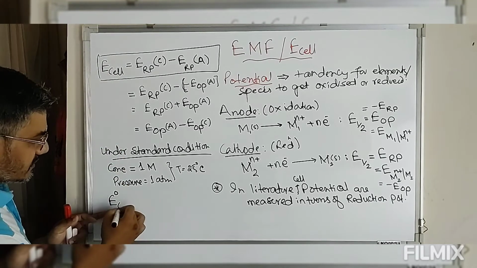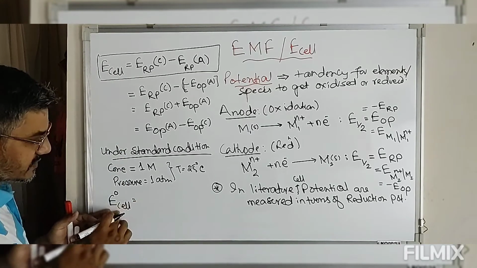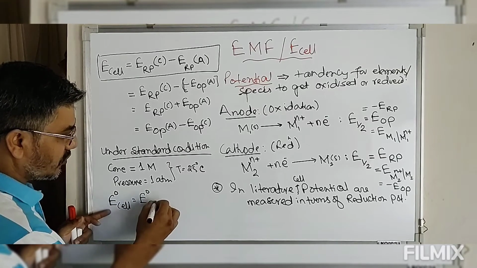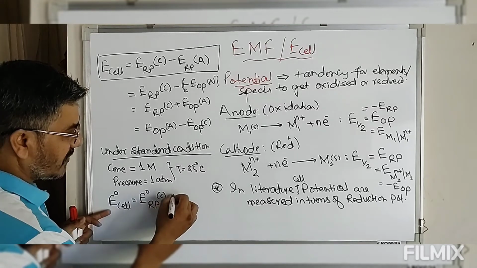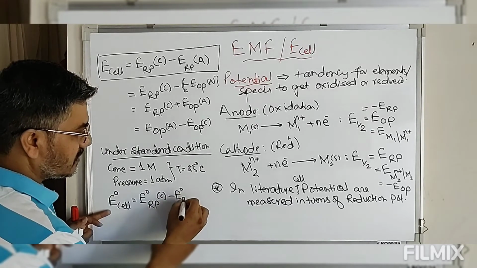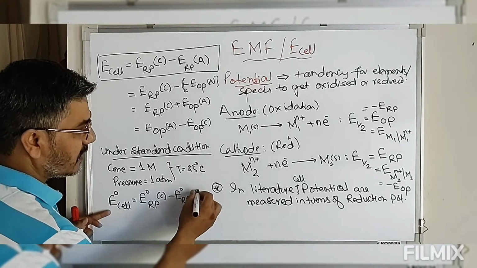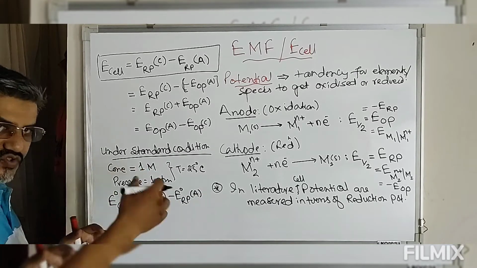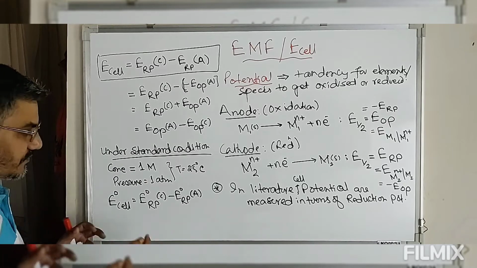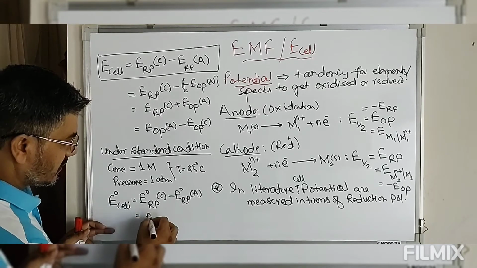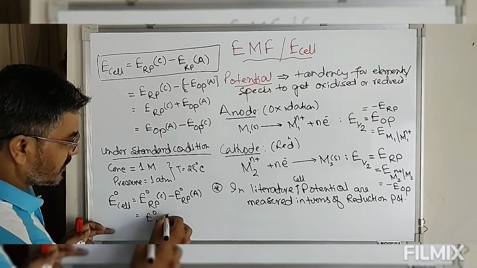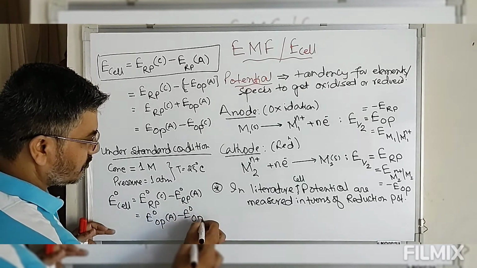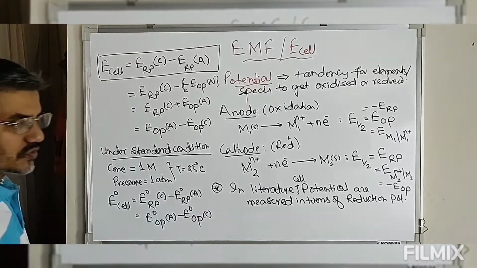So under this condition, the standard cell potential is equal to the standard reduction potential of cathode minus the standard reduction potential of anode. So if we have to define standard, all the species should be defined in terms of standard condition. This is equal to the standard oxidation potential of anode minus the standard oxidation potential of cathode.